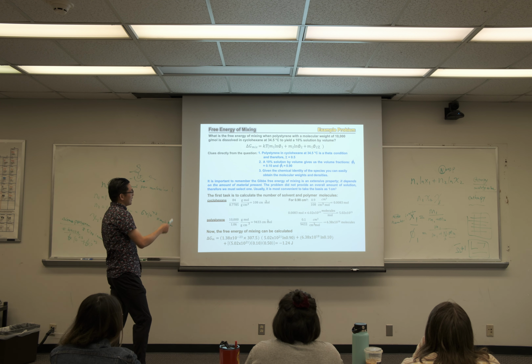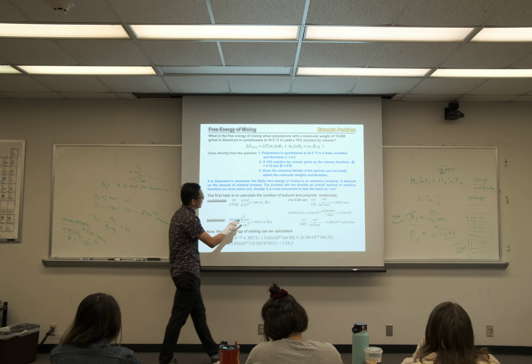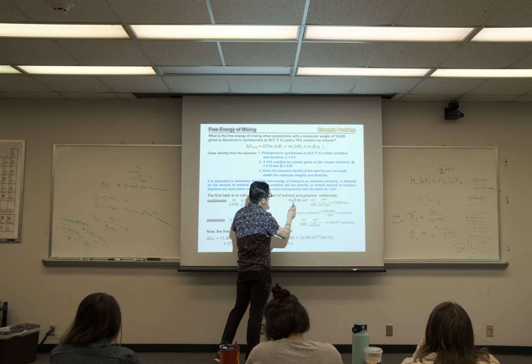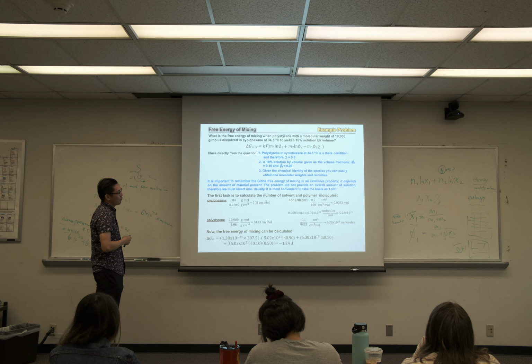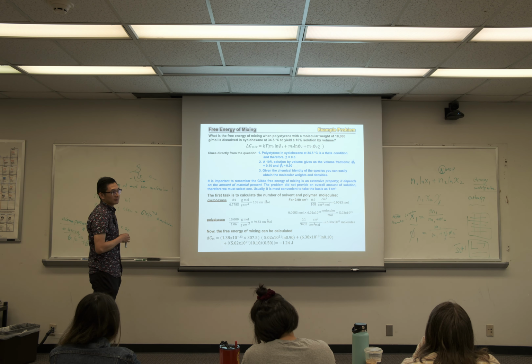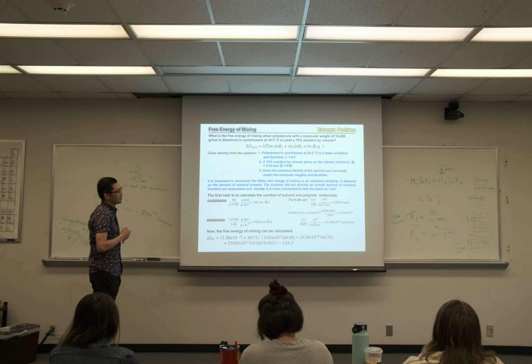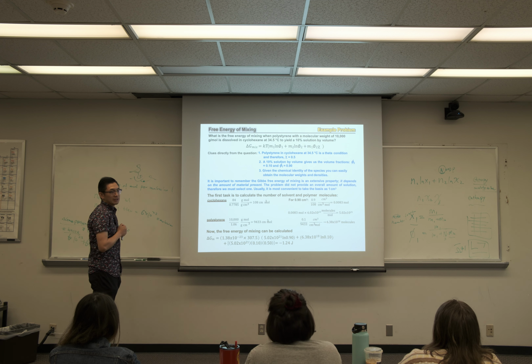So in the first example, the first task is we need to calculate the number of solvent molecules and polymer molecules. So we are calculating M1 and M2. How do we do that? We're just going to use the density of each molecule, and we know the volume. We can normalize them, and this would be one way. You can use other ways to calculate it.